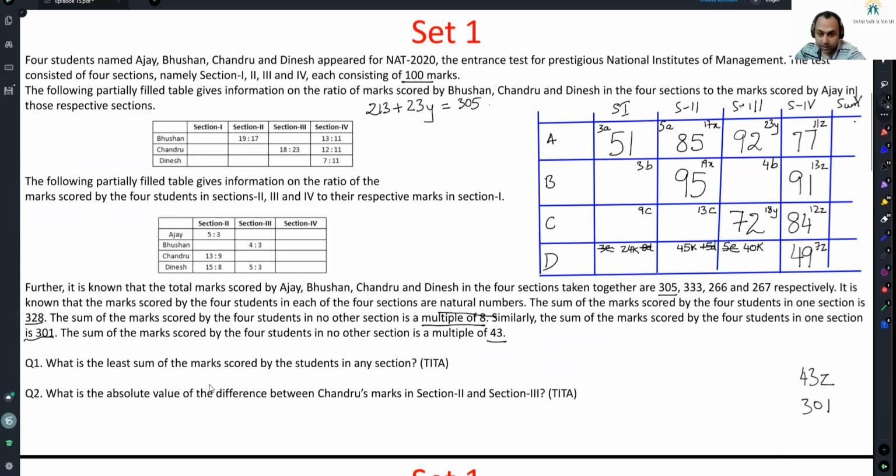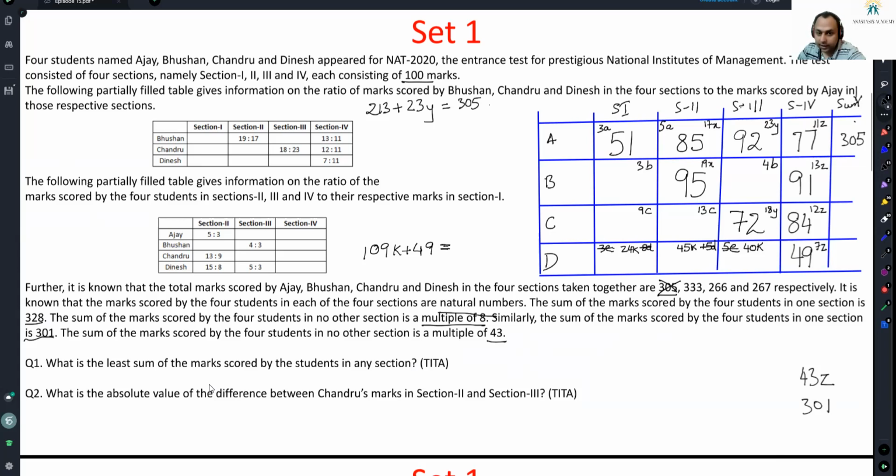Another thing that we can potentially see is for D. Look at this: 45, 40 is 85, 85, 109. I have 109K plus 49. So basically, I have to see, if I deduct 305, which is already allocated, among the remaining 3 numbers, if any of them can be equal to 109K plus 49.